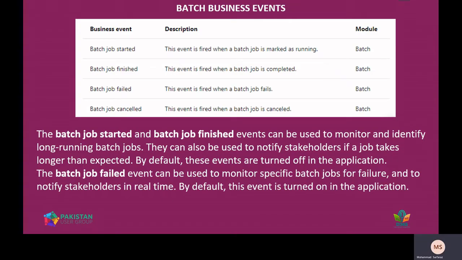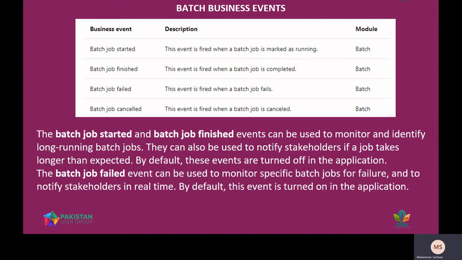The other type of business events are batch-based business events. These cater to your batch jobs, like when you can raise an event when a batch job is started, finished, failed, or cancelled. The purpose is that you can use them to monitor and identify your jobs. Like you can identify long-running jobs. These are there just for administration purposes.